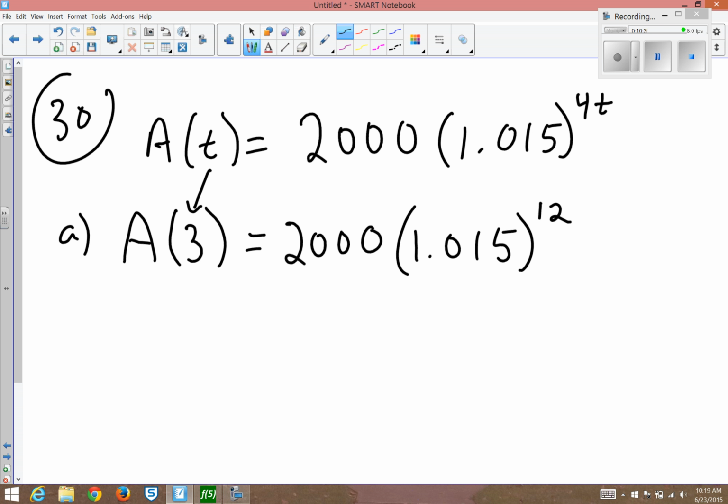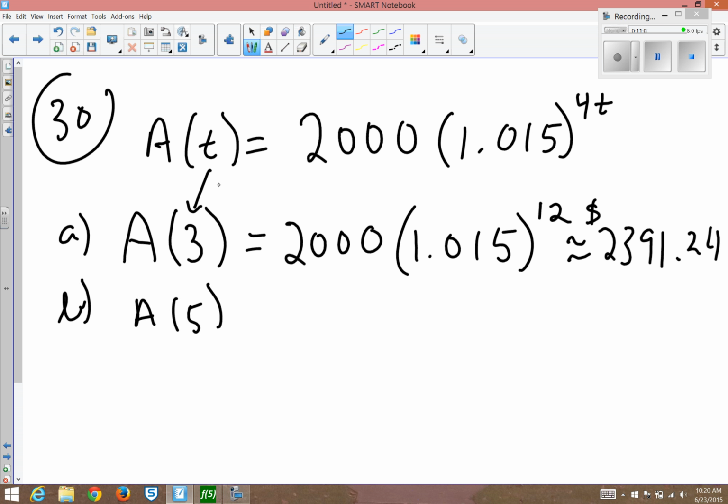Calculate this with your calculator. 2,000 times 1.015 raised to the 12th power. That comes out to be about 2,391.24. And A is an amount of money, so we'll put a dollar sign there. Part B is find A of 5, which just means replace t with 5.